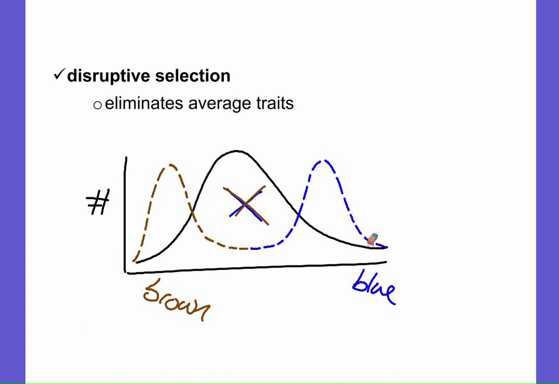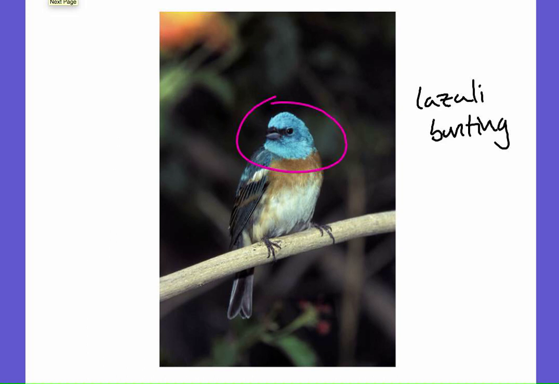It's really bad in this context to be something in between. Because if you're not brown enough to blend in, if you're just a little bit blue, but not blue enough to get more and more mating opportunities, those are the ones that are majorly selected against. So it turns out all of the adult lazuli buntings are either brightly blue colored or they're that drab brown color.